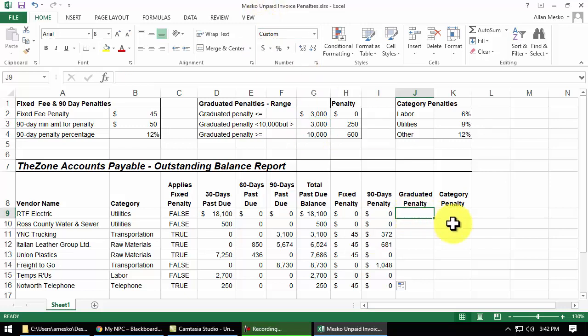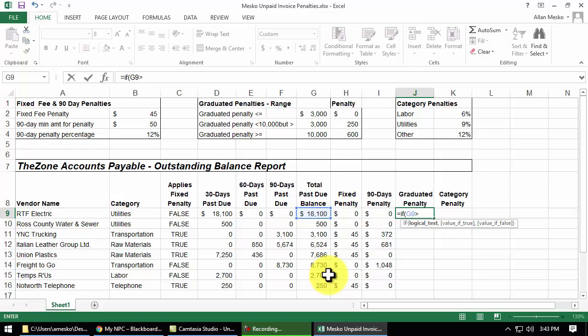So the graduated penalty equals IF, and what are we looking at? We're looking at our total past due balance, aren't we? If that thing is 10,000 or more, what's our inequality operator? To say 10,000 or more, how would we say that? That's right.